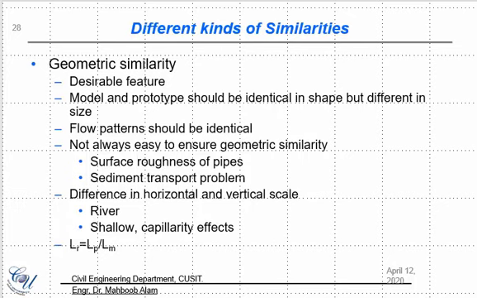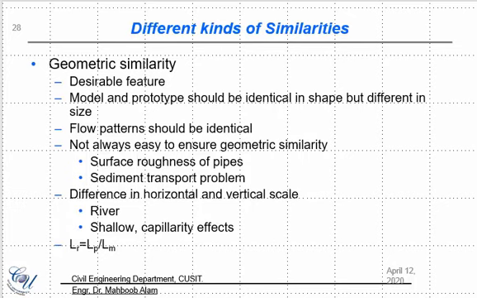The problem is that it is not always easy to ensure the geometric similarity. And why is it not easy to ensure this? Because, for example, let's say you are making a model of a very big pipeline.